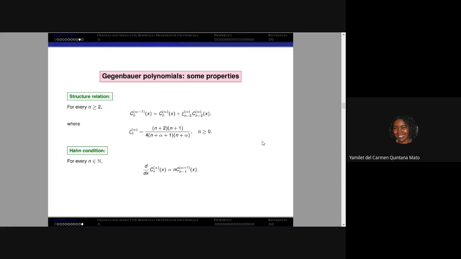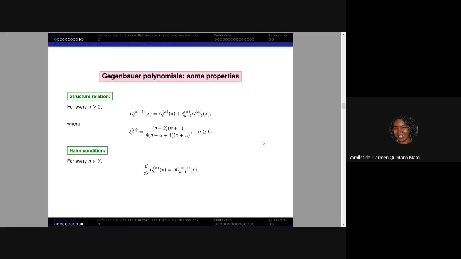Other properties of the Gegenbauer polynomials are the structure relation, or the well-known Hahn condition.